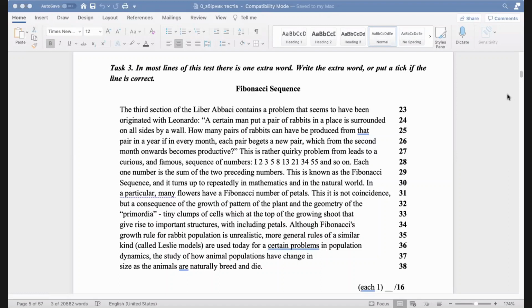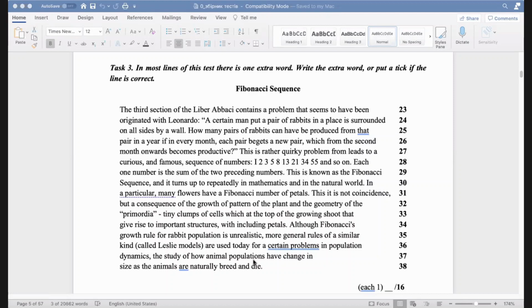So, the second to last line, the study of animals populations. How is the extra word? Second to last? Yes. You don't know which extra word?